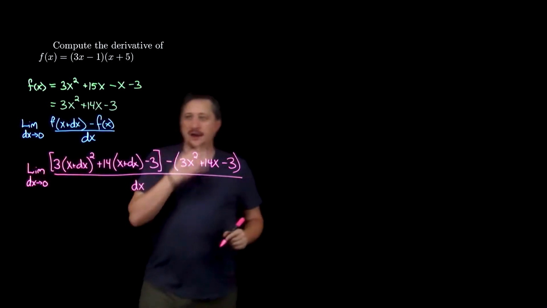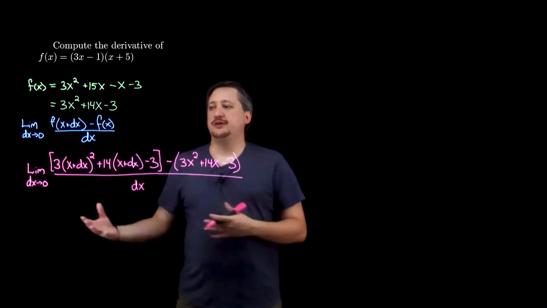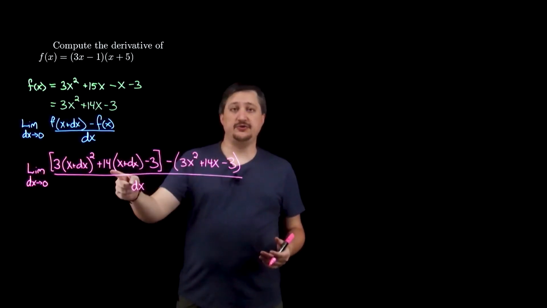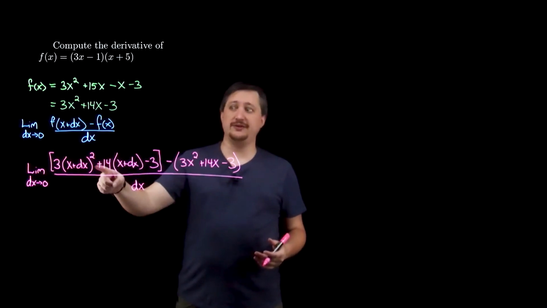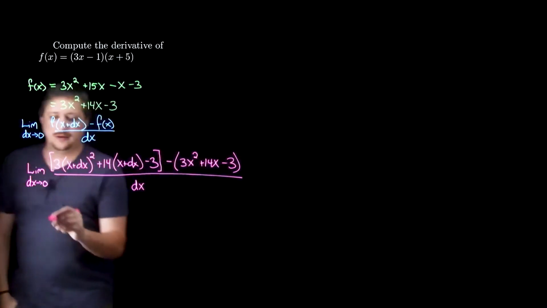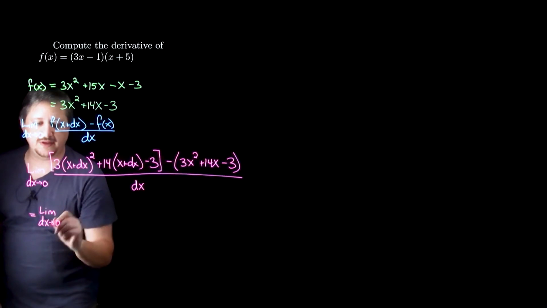All right, now's the fun. Now I'm going to distribute everything, which means I need to distribute the negative sign, distribute the 14, and FOIL out this square. Still dx going to 0.